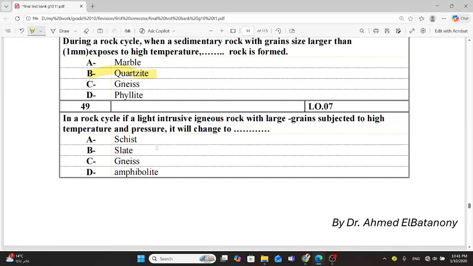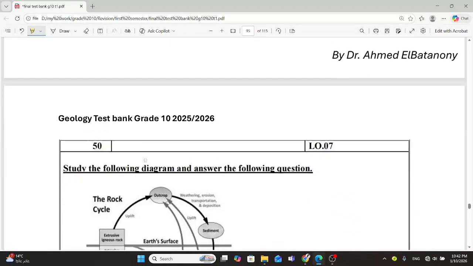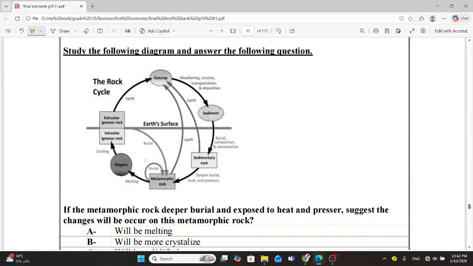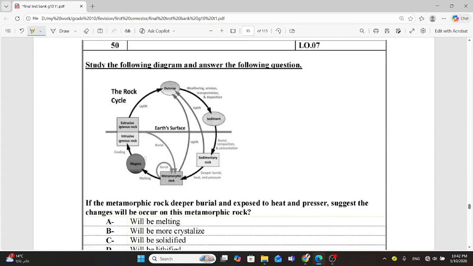In a rock cycle, if a light intrusive igneous rock with large grains subjected to high temperature and pressure, it will be changed to schist ولا slate ولا gneiss ولا amphibolite. لا gneiss. يلا اللي بعده. Study the diagram and answer the following. طيب يلا.